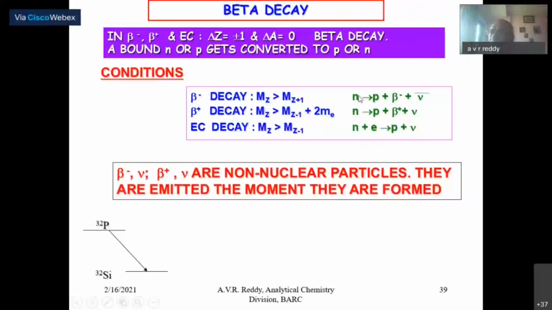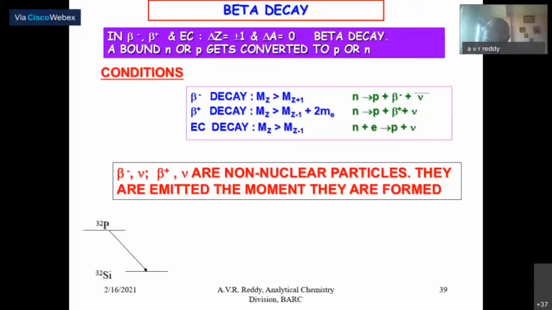A bound neutron should get adequate energy to get converted to a proton. In the process, you are forming an electron and a neutrino. Since they are non-nuclear particles, the moment they are formed, they are emitted because they don't have accommodation inside. They cannot be accommodated. I will repeat this a number of times, it should be clear.